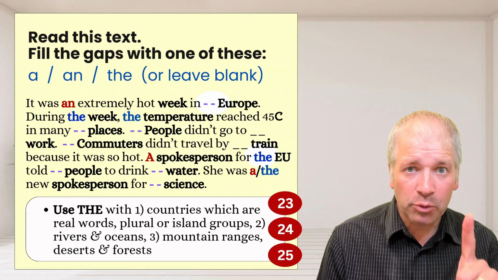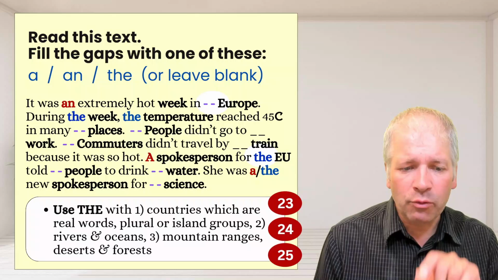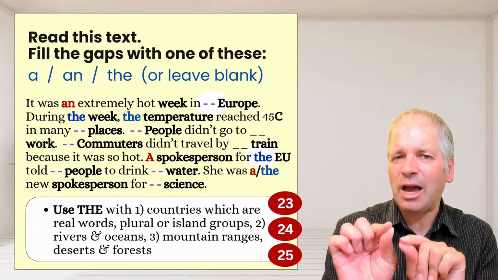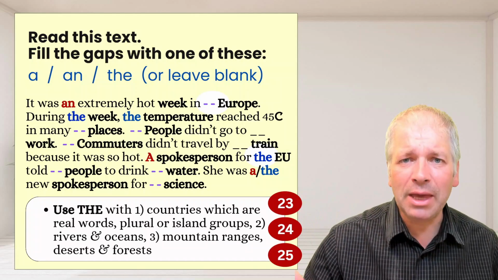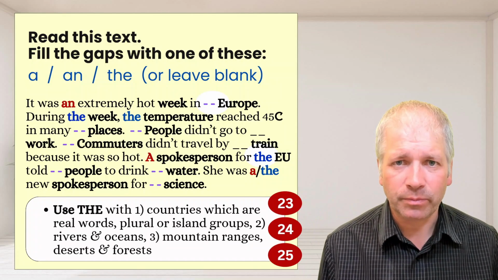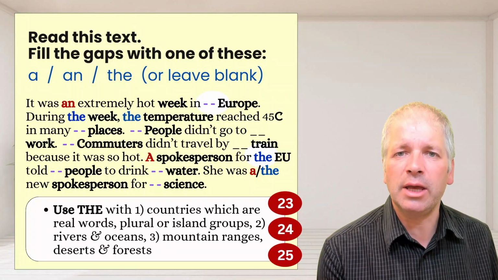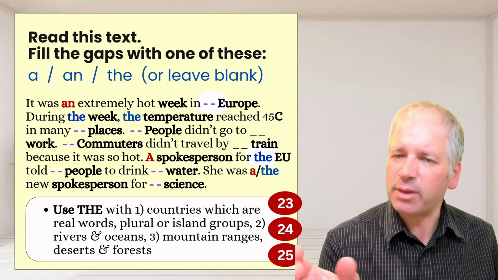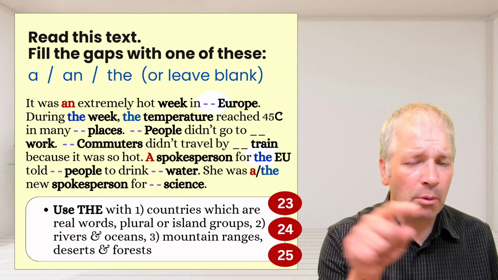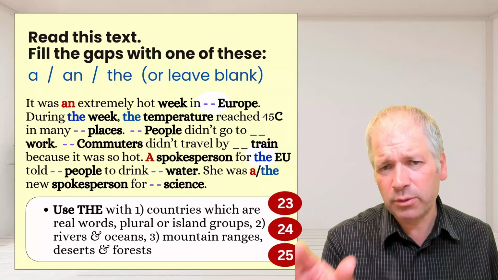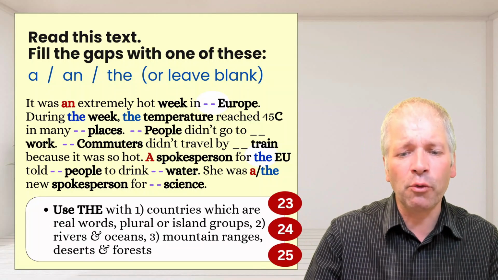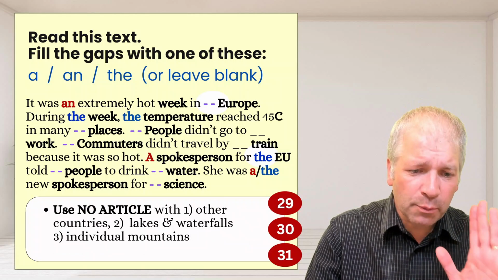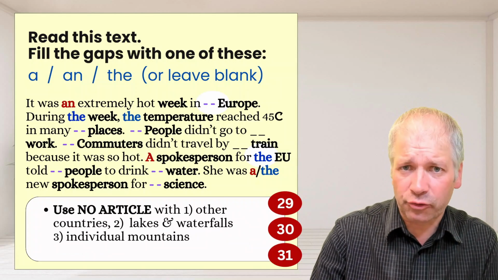Now, let's look at that rule number one again. Countries which are real words, you have to put the before them. Now, what does EU stand for? It stands for European Union. So we have real words in here. Union is a real word. And because it has a real word, even though European is describing union, because union is a real word, we use the before it, which is different to Europe on its own, because we use no article with other countries.